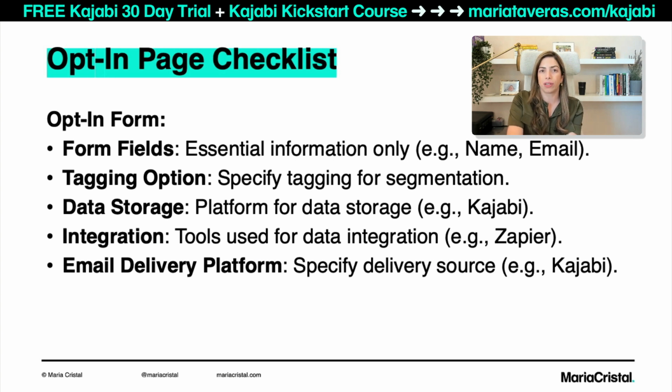Then we have the opt-in form, the form fields. You can ask for any information if you want, but I'd rather prefer if you keep it simple and ask for their name and their email only. Then if you want to tag them, because you have more than one ideal client or right fit client, for example, in my case, I can work with an expert to build their Kajabi, their social media, launch their business, or I can teach someone that wants to be a service provider and could work with me in the future.